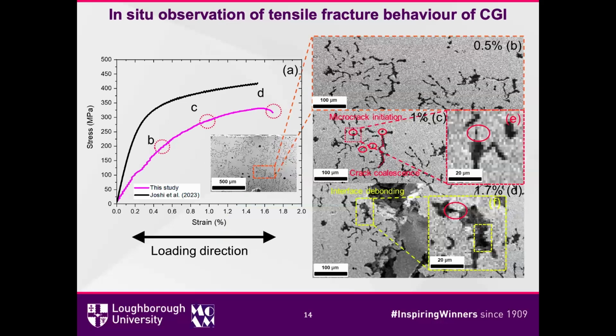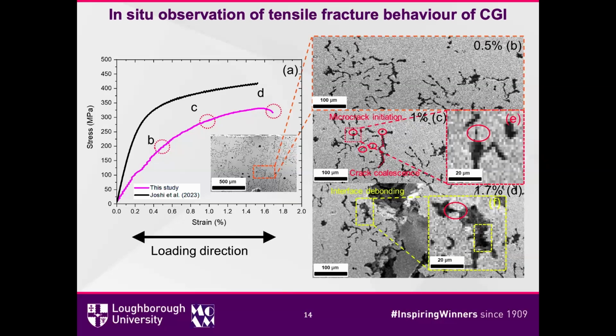Then after that, we do the tensile test here, and it's slightly different from other people's experiments because the thickness is only 0.5 millimeters, to better capture the crack propagation. First of all, when the strain is 0.5% and the stress is around 200, we find no crack at all.